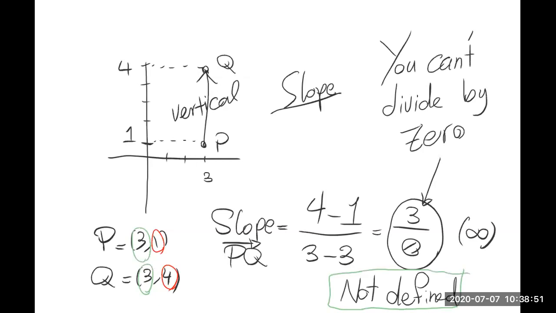Although in some sense, you can say the slope of this vector is infinity because the slope of a horizontal thing is 0, and as you try to move this vector, the slope becomes more and more, until you get to the vertical one, which in some sense has slope infinity. So either infinity or not defined. If you have a horizontal vector, slope is 0.